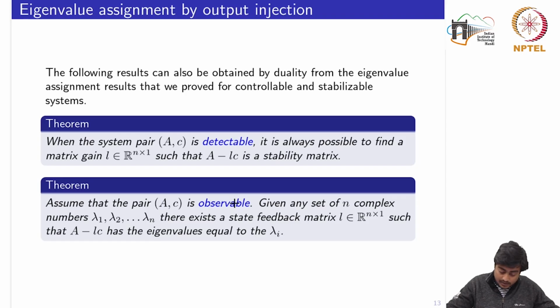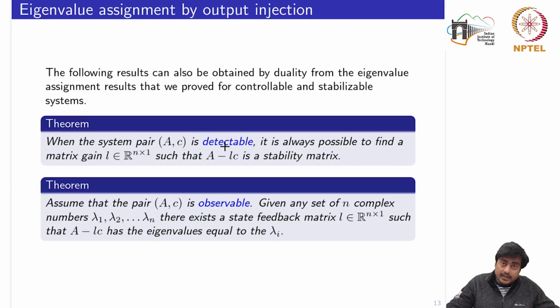We need observability, otherwise there won't exist any L. Given any set of n complex numbers lambda 1 to lambda n, there exists a matrix L such that A minus LC has eigenvalues equal to the lambda i. So this result ensures that given any eigenvalues, there exists an L such that the eigenvalues of this matrix become equal to the given complex numbers.